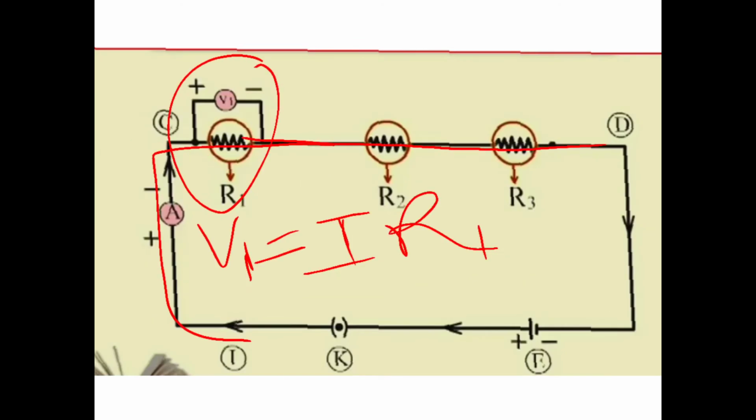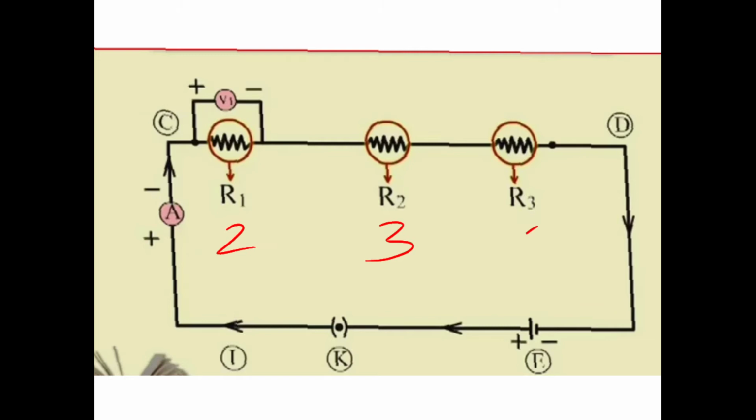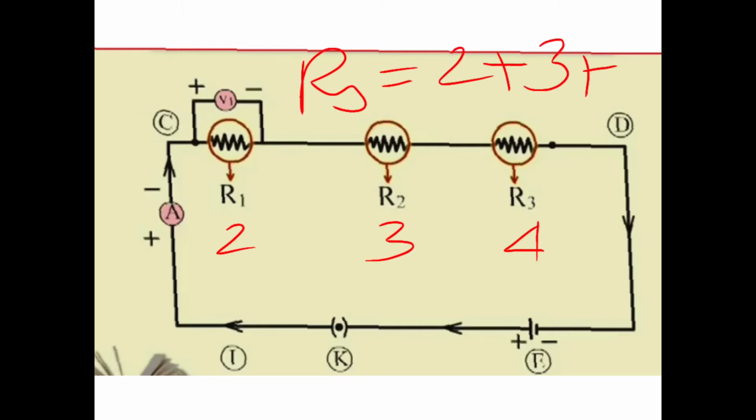Right? Now suppose the value of the resistance here, say my R1 is of 2 ohms, R2 is of 3 ohms, and R3 is of 4 ohms. So what will RS be equal to? It will be equal to 2 plus 3 plus 4, which comes out to be 9 ohms. So my effective resistance is 9 ohm.